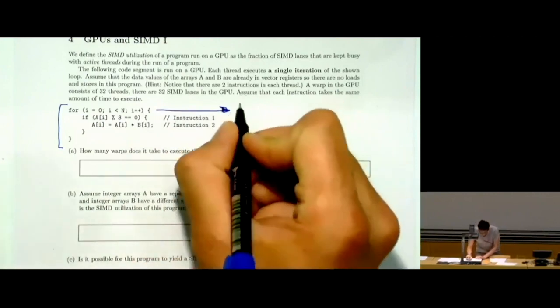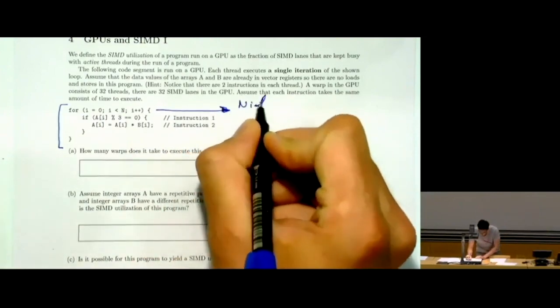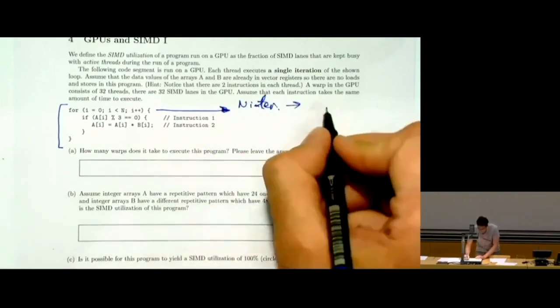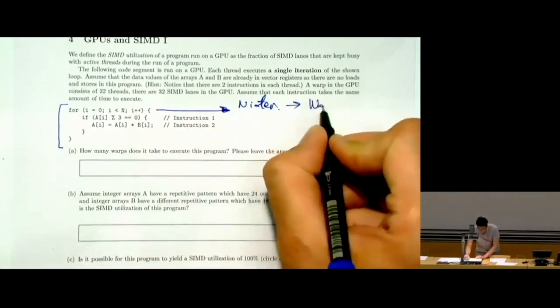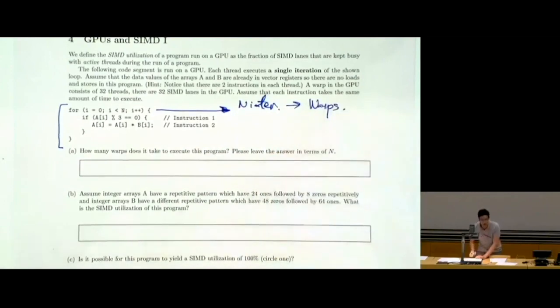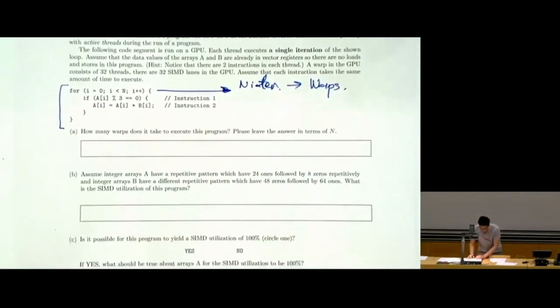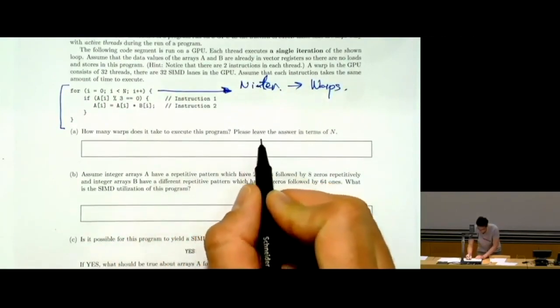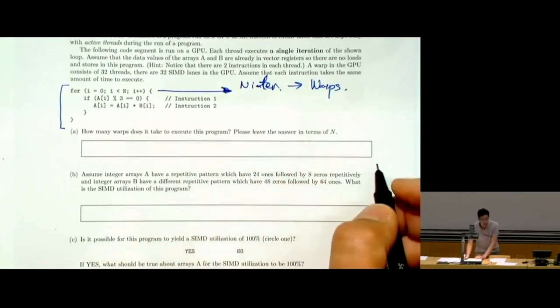So here we have n iterations, and these n iterations are going to be executed by a certain number of warps. That's the first question, part A. How many warps does it take to execute this program? Please leave the answer in terms of n.